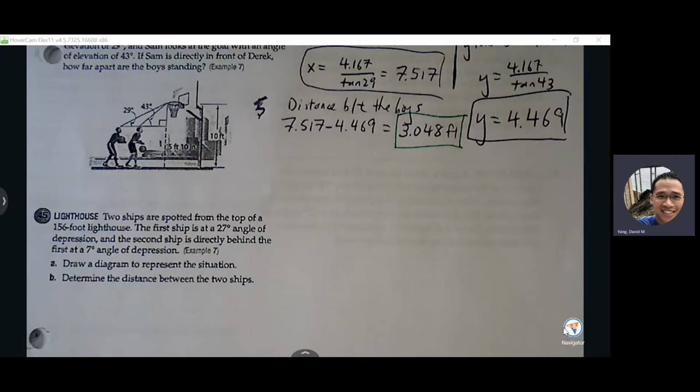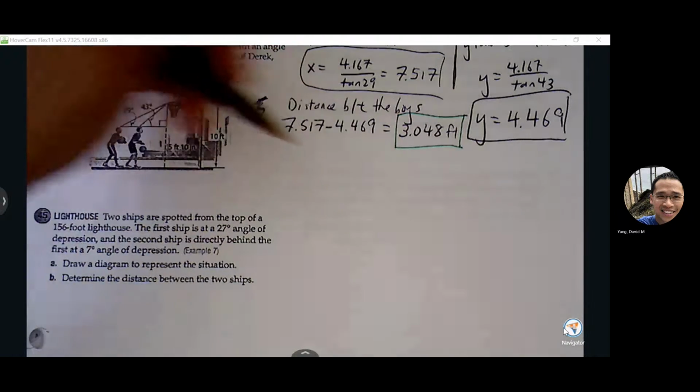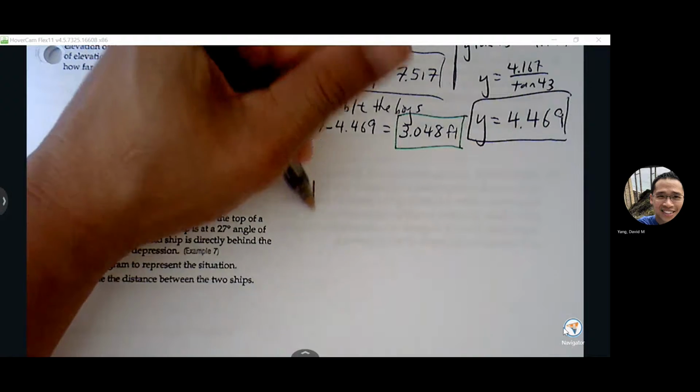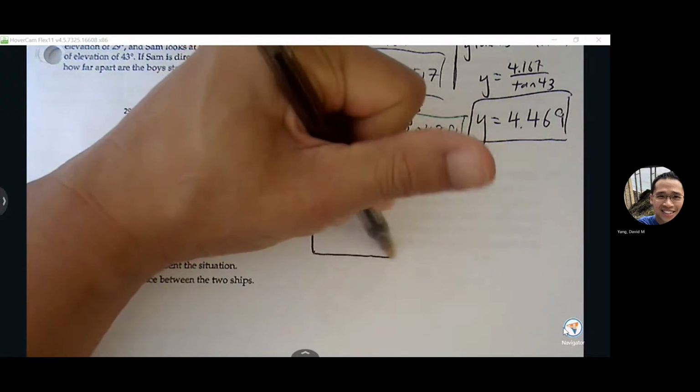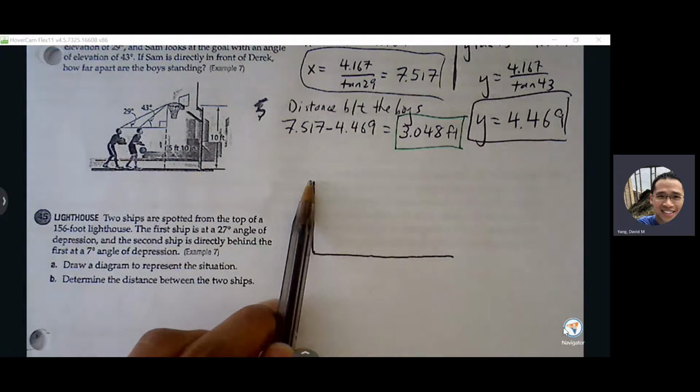Number 45, lighthouse. Okay, let's read this problem here. Two ships are spotted from the top of a 156-foot lighthouse. So I have a lighthouse here at the top of my triangle.